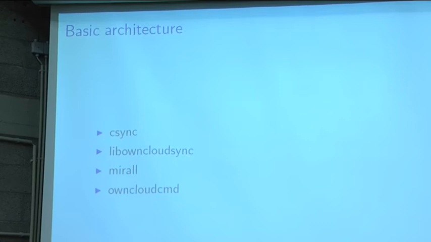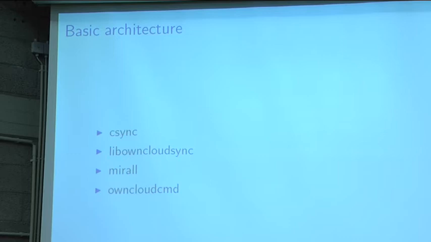So the basic architecture here of the desktop client: csync is a library. At the beginning, there was csync, and it was doing synchronization from a client to a server using all the different protocols, such as SFTP, WebDAV, Samba.